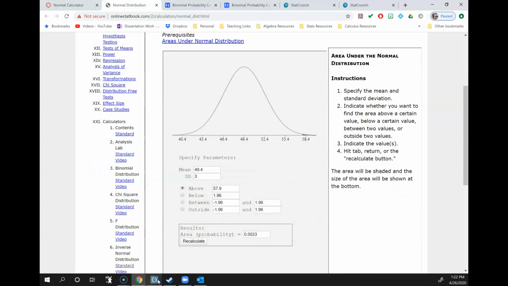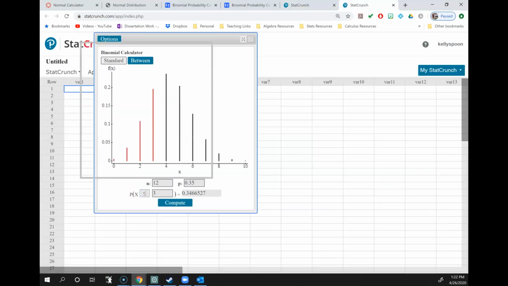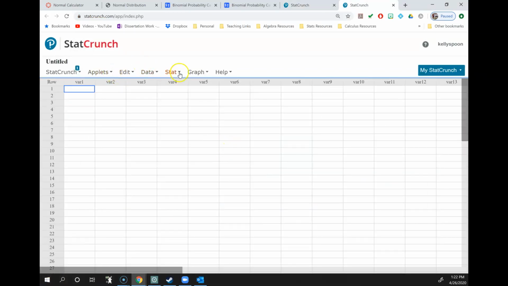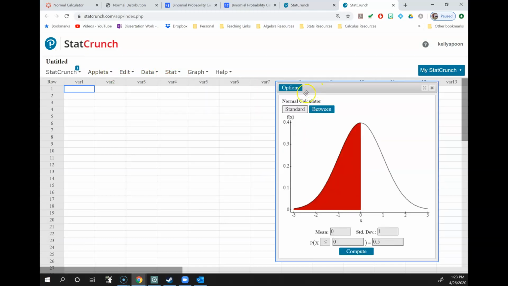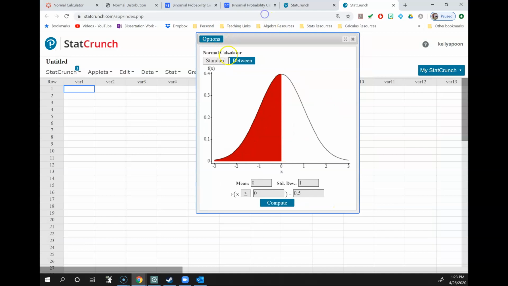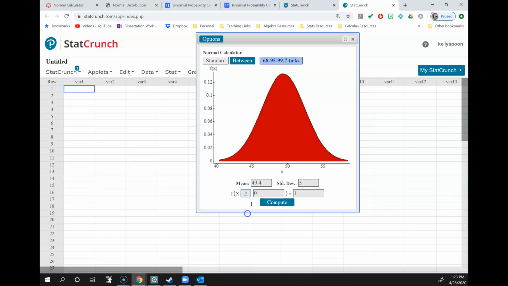So just to show you the StatCrunch version, in StatCrunch, you could go again back to the stat area, back to calculator, and choose normal. And you can see it says right now we've got a mean of 49.4, standard deviation of 3, and it's a little more annoying because we have to actually have the notation.